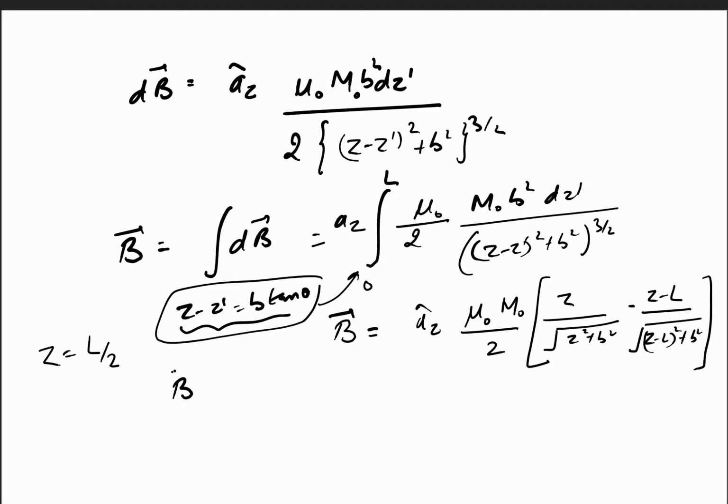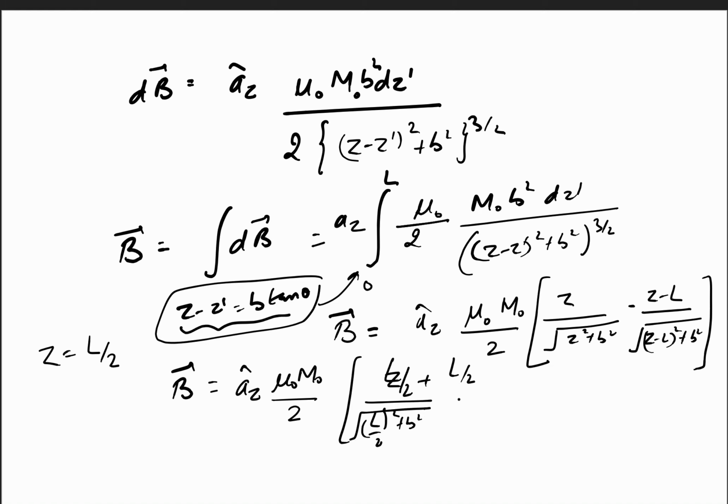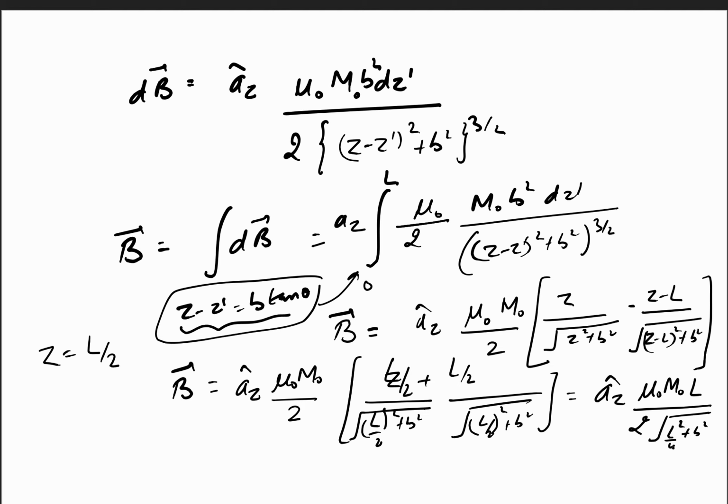In that case B will be az mu naught M naught over 2 times L by 2 plus L by 2 over under root L by 2 square plus b square, so it will be az mu naught M naught L over 2 times the under root of L square plus b square over 4.